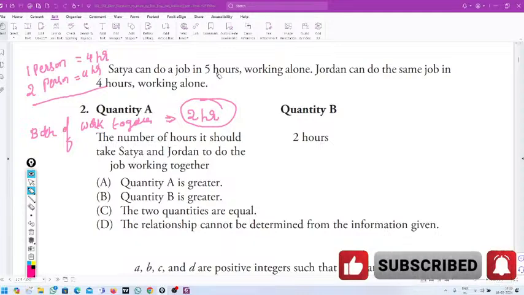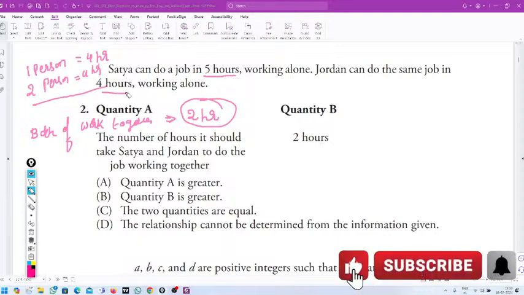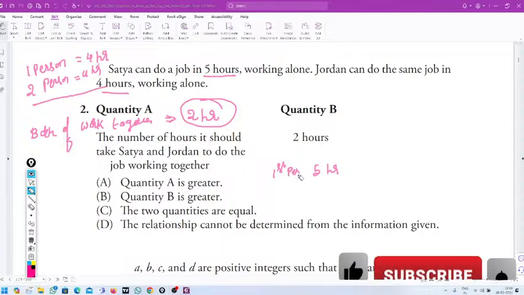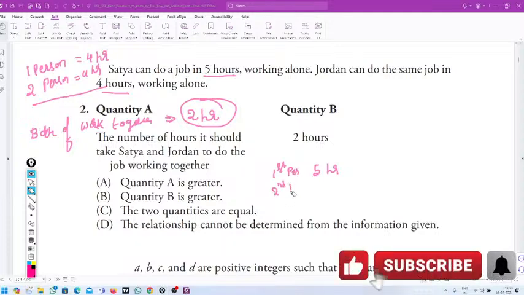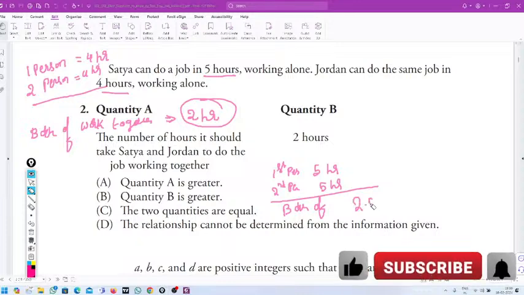Same logic here. But if you look at the logic, one person is taking 5 hours, the second person is taking 4 hours. If the first person is taking 5 hours and the second person also takes 5 hours, then both of them together will take 2.5 hours.